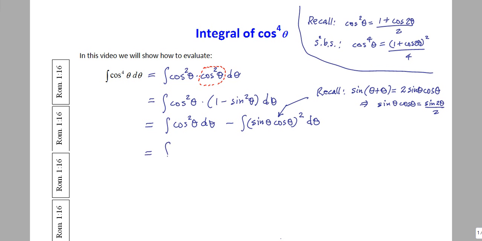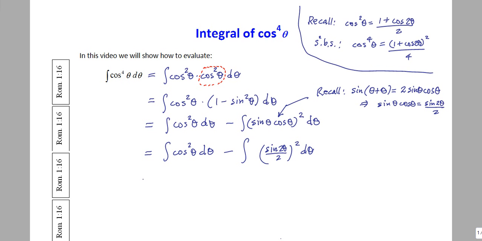All right, let me just rewrite this here for a second. And let's write the stuff in the parentheses as a half of sine of the double angle. That whole thing is squared d theta. Okay.